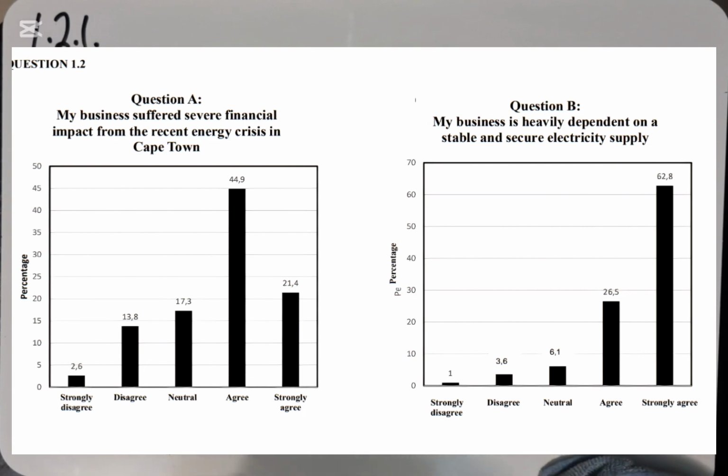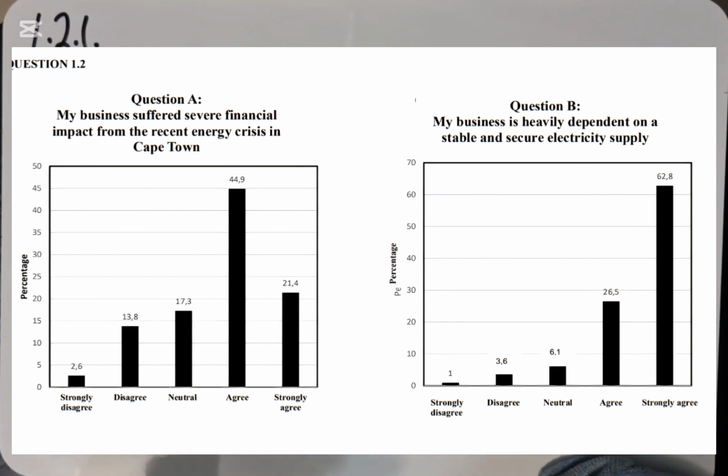Strongly disagree is 2.6%. Disagree is 13.8%. Neutral is 17.3%. Agree is 44.9%. Strongly agree is 21.4%.